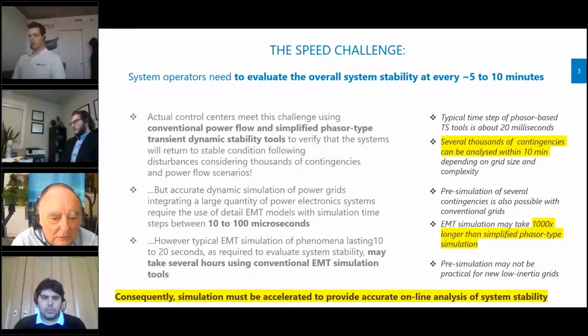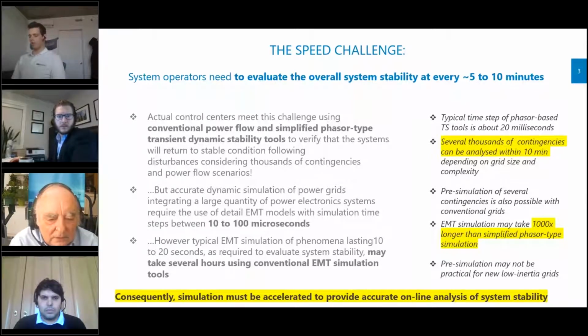But now, if we want to go to full EMT simulation, where we need to simulate with a 10 to 100 microsecond time step, the number of time steps to simulate the same simulation run will be 1,000 to 3,000 times more.